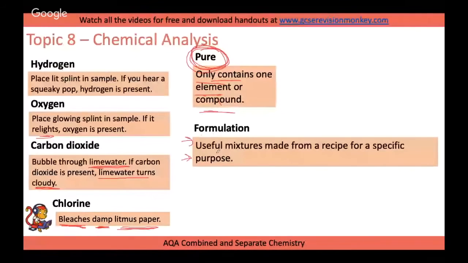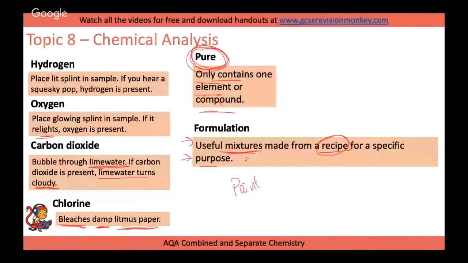It's a useful mixture made from a recipe or a formula, for a specific purpose. So, for example, paint is an example of a formulation. In paint, you've got the pigment in there, you've got the resin, the binder in there, and they are all in specific amounts to make that particular useful purpose.